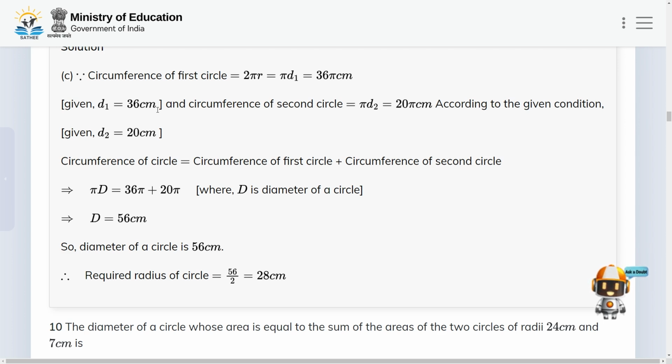So according to the given condition, circumference of circle is equal to circumference of first circle plus circumference of second circle. So pi times d, where d is the diameter of a circle, is equal to 36 pi plus 20 pi, and it implies d is equal to 56 centimeter.